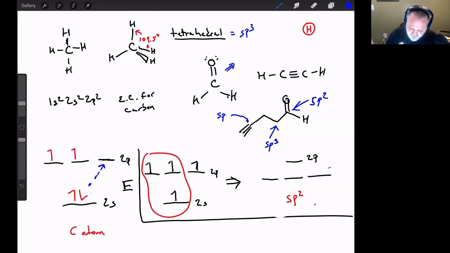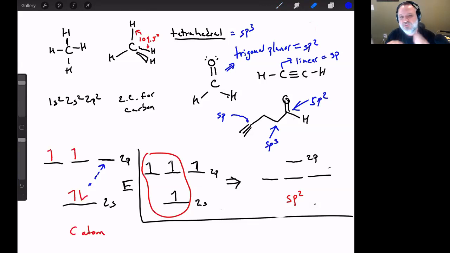If the electron geometry is trigonal planar, the hybridization is always sp2. And then if it's linear, the hybridization is always sp. And so this is what you can do as an organic chemistry student to sort out the difference between the hybridization of the different atoms.